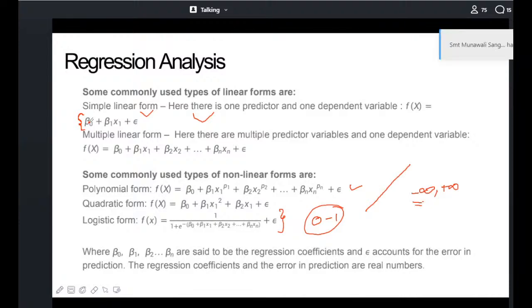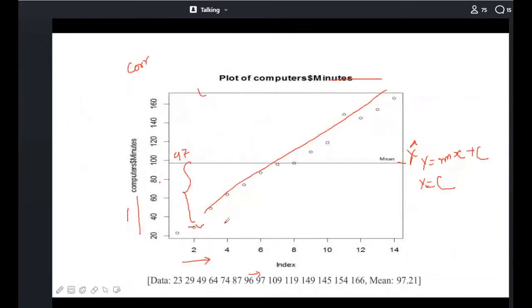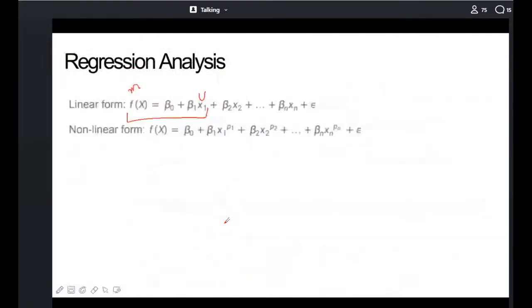Regression has two forms: the linear form, this one, and the non-linear form, this one. In the linear form, if you have one dependent and one independent variable, we represent it by a line, like in this case. And that line is not just a line, it's actually a formula.